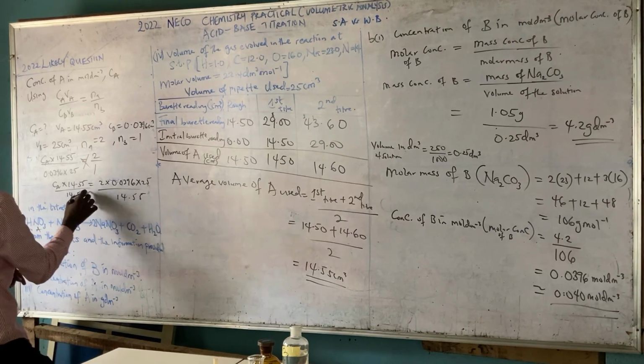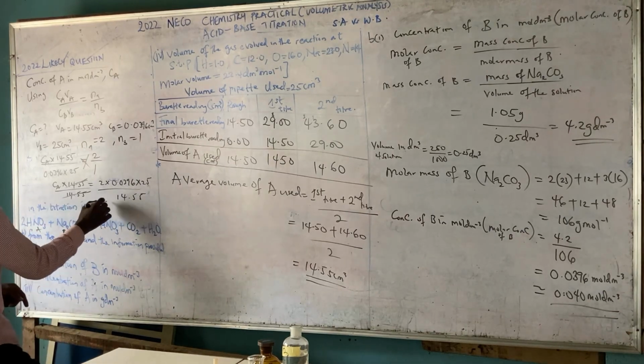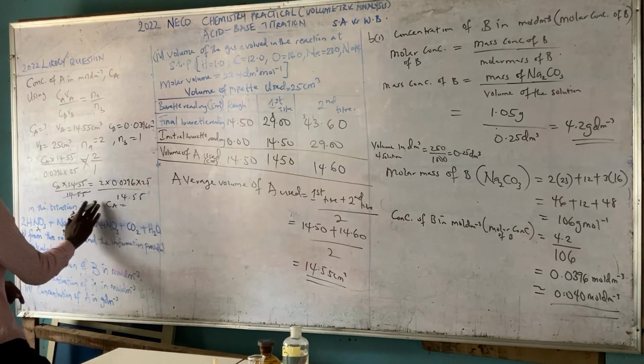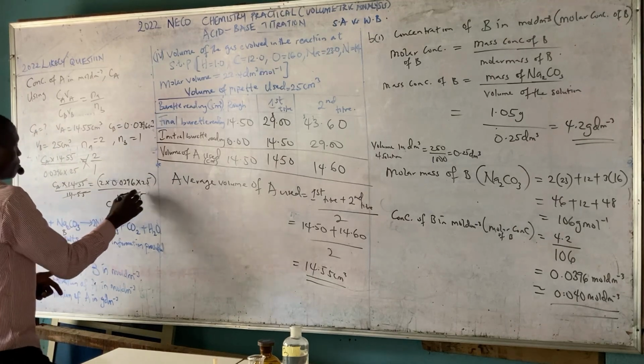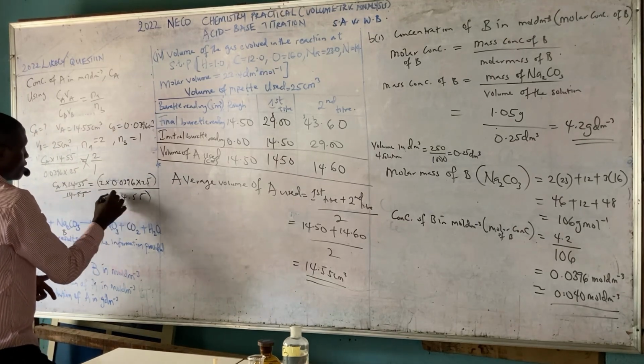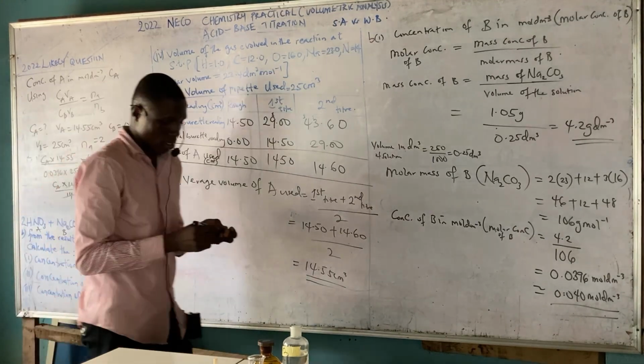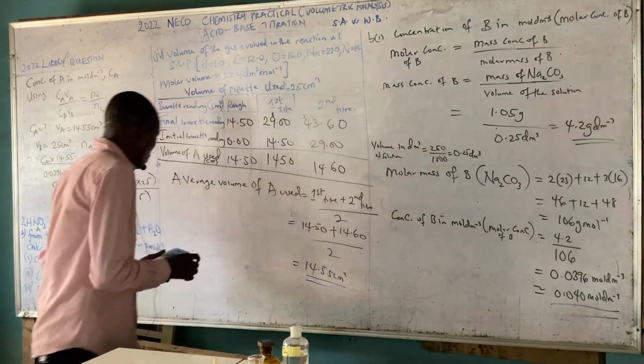14.55. So what's our CA? Compress this one at once by bracketing it. Just put everything in bracket so that you make your calculation easier.